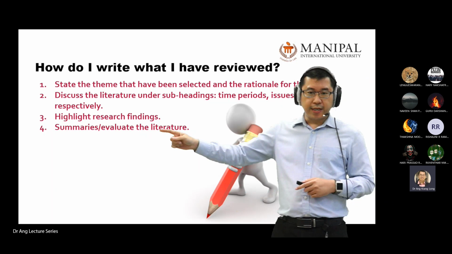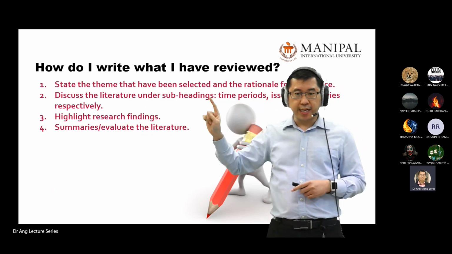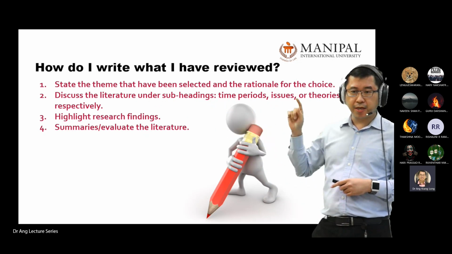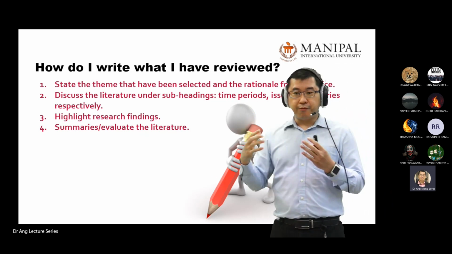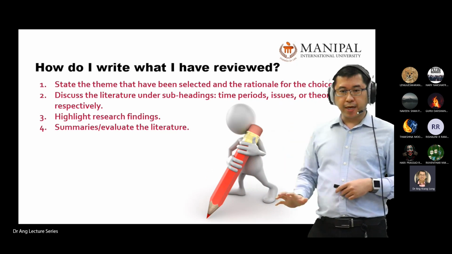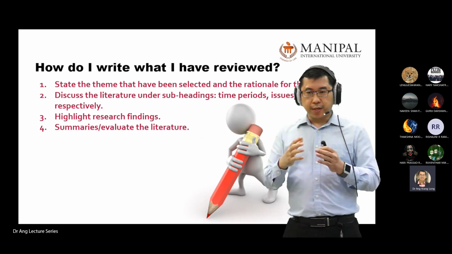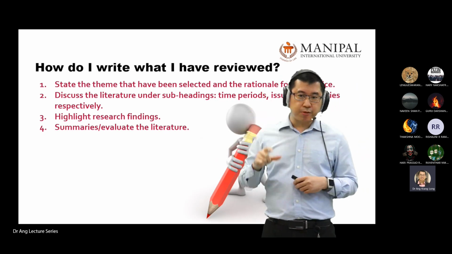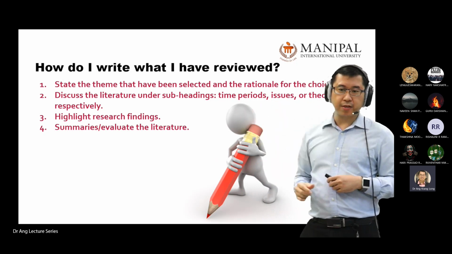Okay, then you discuss based on literature, and then there's a subheading based on time period or any issue or any theory or any pattern or any development. All right, so any area that can be broken down. Then when you read the journal paper, normally all the important findings are in the abstract, meaning the first paragraph in the journal paper.